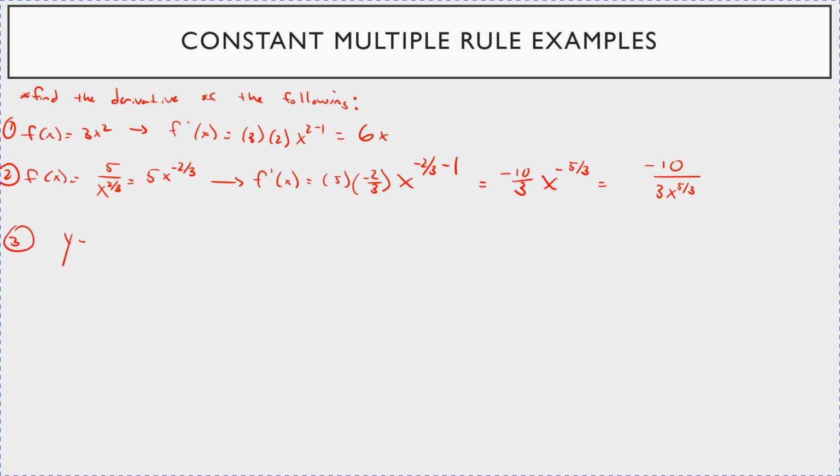Let's look at y is equal to 6x. All right, well, when there's nothing here, there's an invisible 1, right? So look, the notation when you have y, it's dy dx, that's the derivative. So this is the alternative derivative notation.